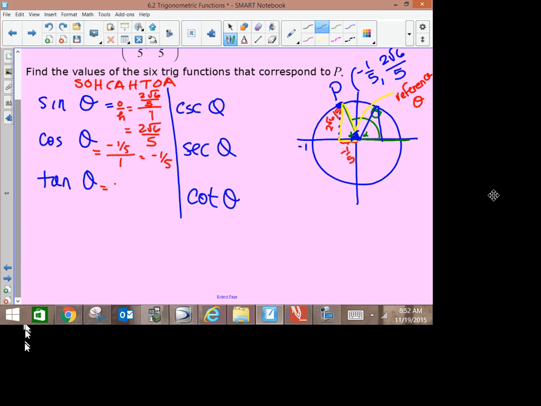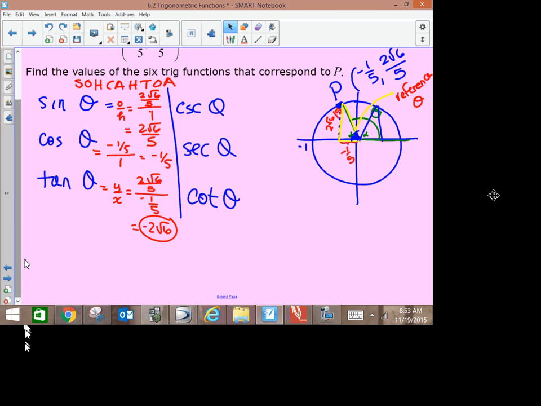It's y over x. So it is 2 radical 6 over 5 over negative 1/5. So what does that simplify to? Okay, keep going. Negative 2 radical 6. That's right. Good job.